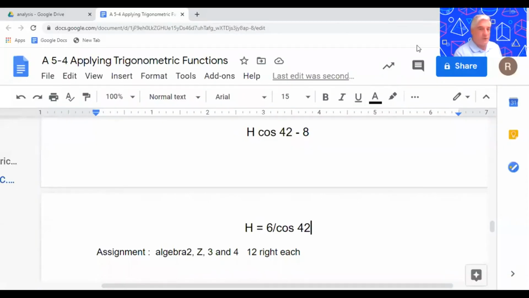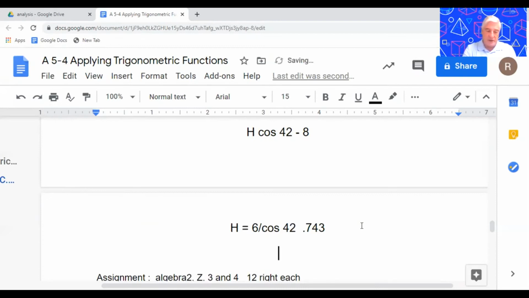Once I have the algebra in this form, now I'm going to go get the scientific calculator. I want to find out what the cosine of 42 is. You go 42 cosine is 0.743. So h is equal to 8 divided by 0.743.